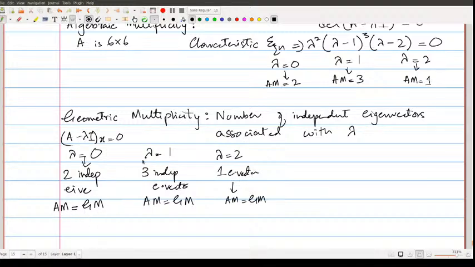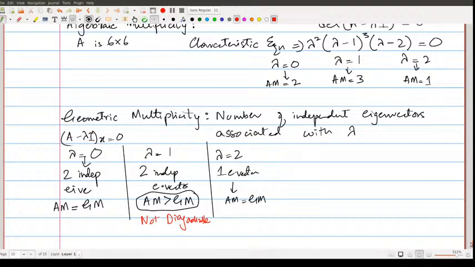For example, if I had only 2 independent eigenvectors for lambda equals 1, then the geometric multiplicity would be less than the algebraic multiplicity. As soon as you have any eigenvalue with this problem, it immediately tells you that the matrix is not diagonalizable.